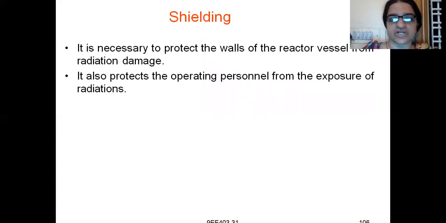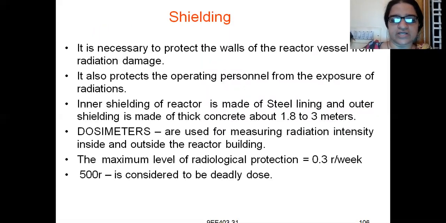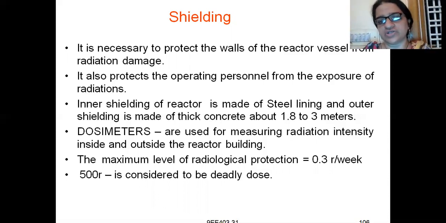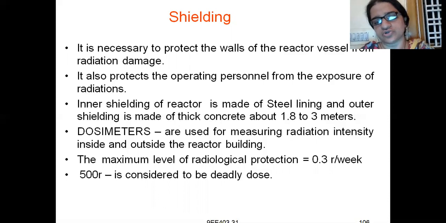Next is shielding. Why is shielding required? It is necessary to protect the walls of the nuclear vessel from radiation damage. Nuclear reactor vessel walls might get damaged due to radiation.